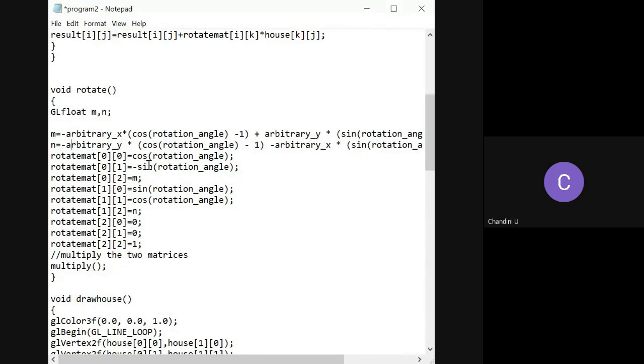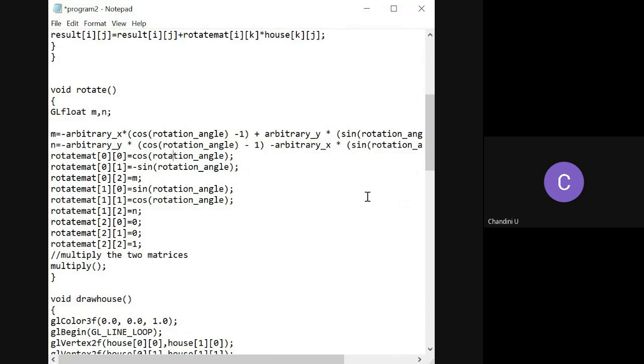Now let us construct our rotation matrix. We have initialized a 3 by 3 matrix with all zeros. Now let us fill that matrix. We know the rotation matrix is cos theta, minus sin theta, m. So at 0th row, 0th column, it is cos theta.